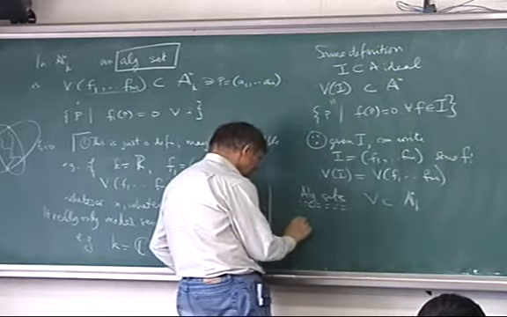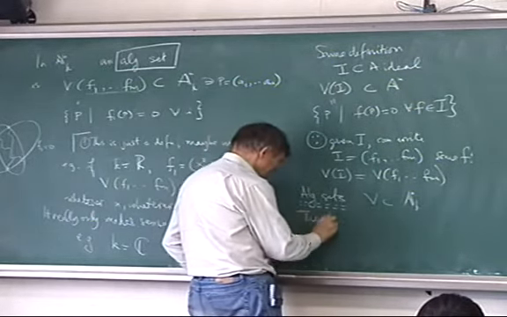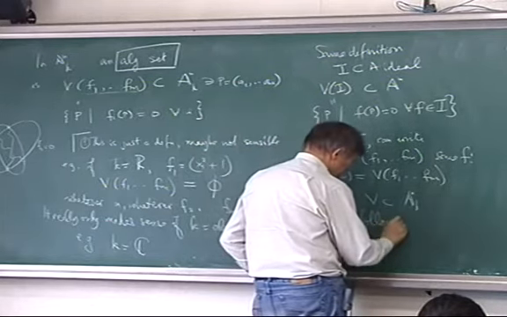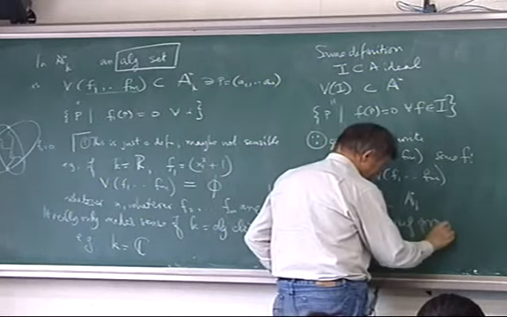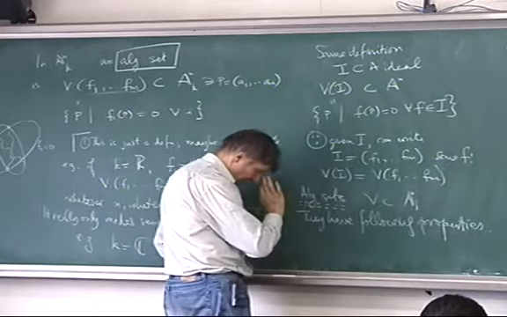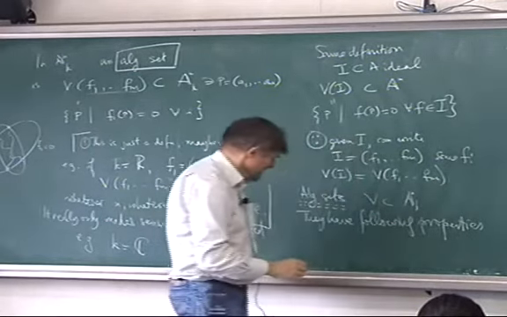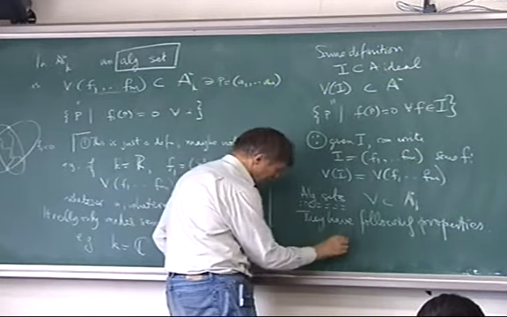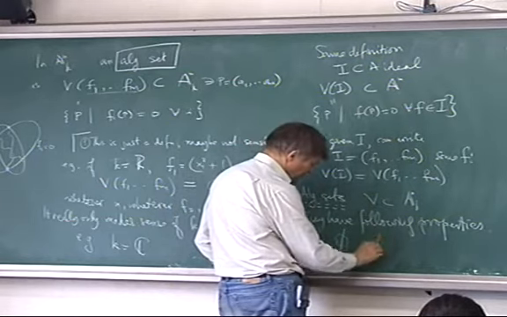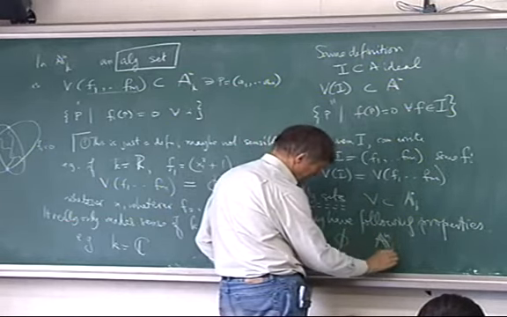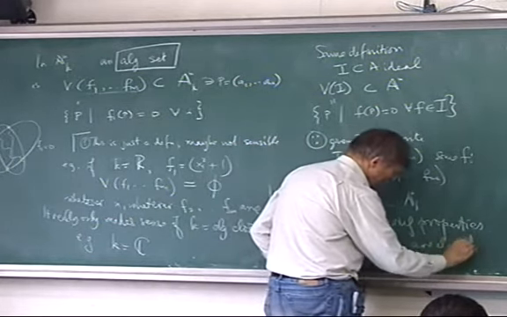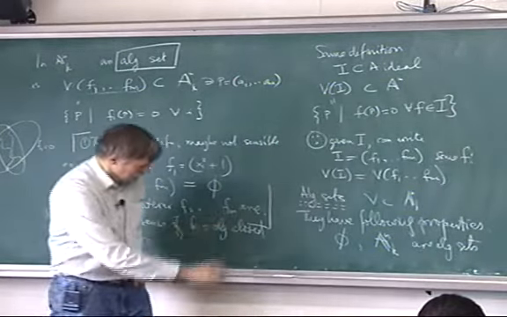They have the following properties. These are trivial properties. Just to tell you, the empty set is an algebraic set, an algebraic variety, and also the whole of space is an algebraic set.